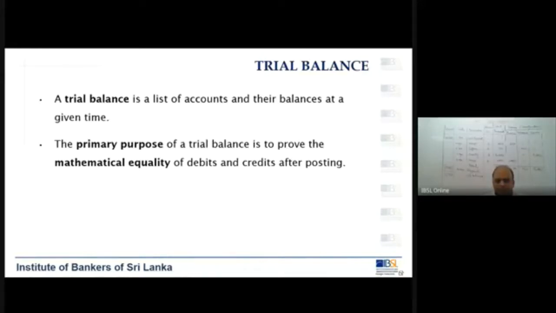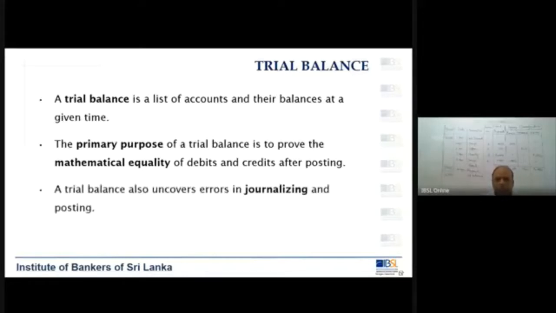What is that? The total of all your debits should agree to the total of all your credits. It could be one transaction or it could be multiple transactions. It doesn't matter. If you are conforming to the double entry principles in your business transactions, then your trial balance will prove that mathematical equality is correct.